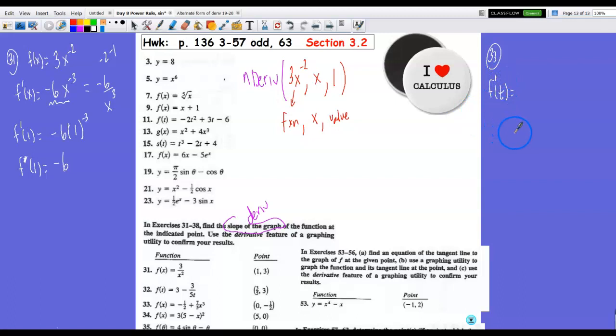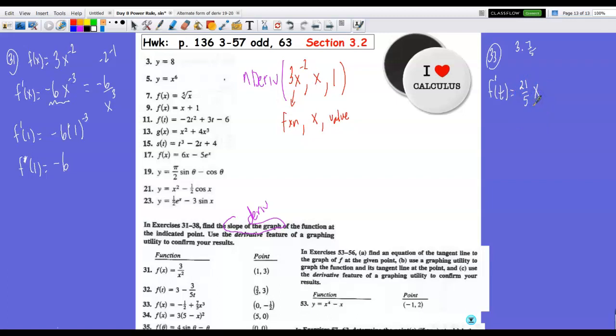So 33, the derivative of -1/2, the first term is 0 because that's a constant. The derivative of the second term, I can use the power rule. So I'm going to multiply the power 3 times the coefficient, which is 7/5, and 3 times 7/5 gives me 21/5 as the coefficient.